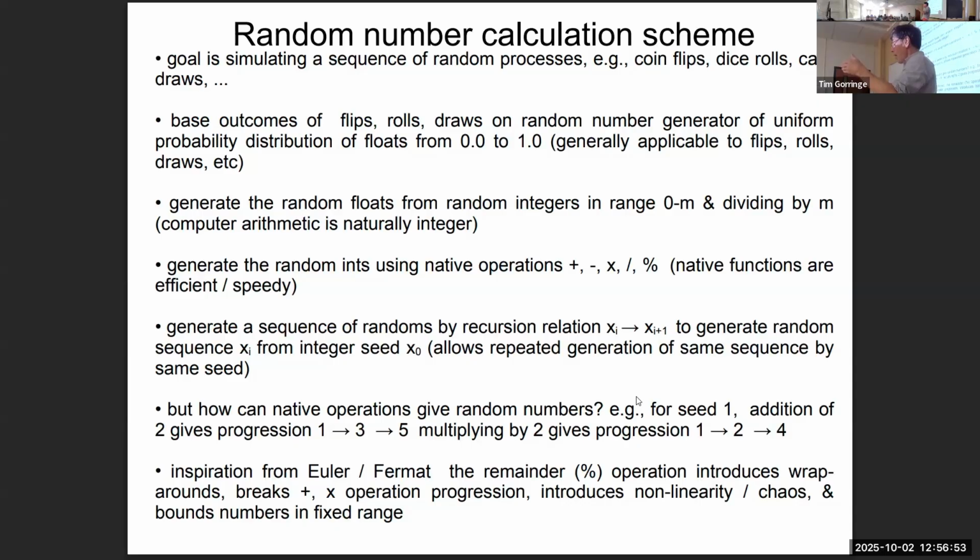And in that way, because you get numbers that wrap around on themselves in a kind of chaotic way, you can generate a sequence of pseudo-random numbers. This was recognized by some of the great mathematicians hundreds of years ago.